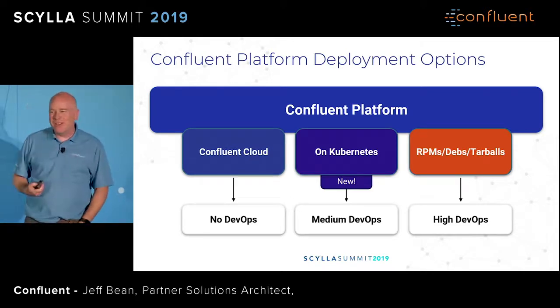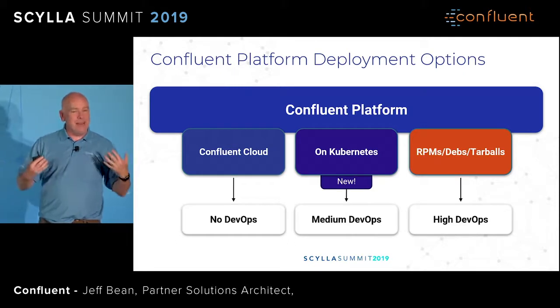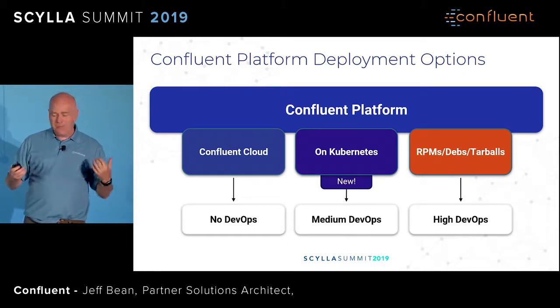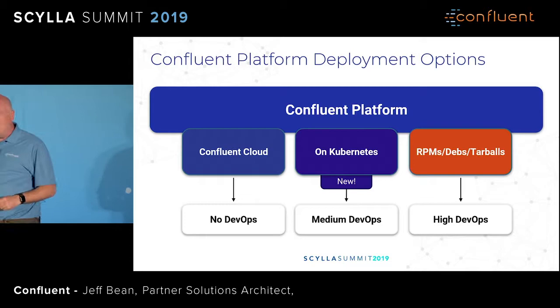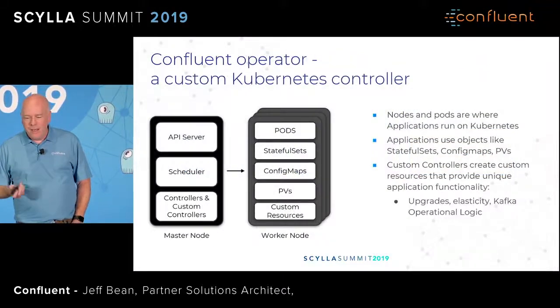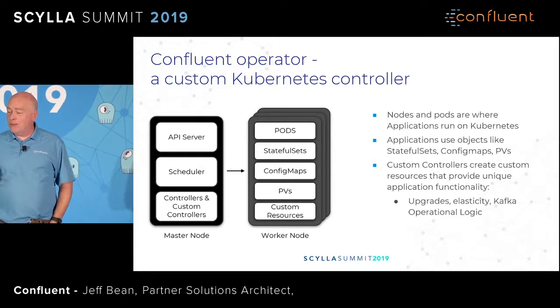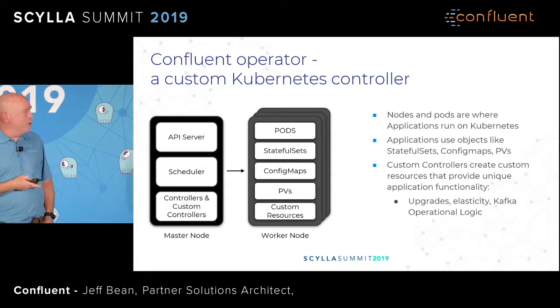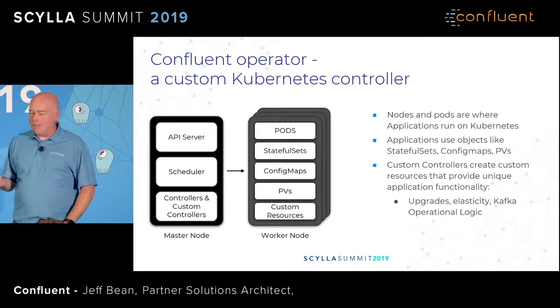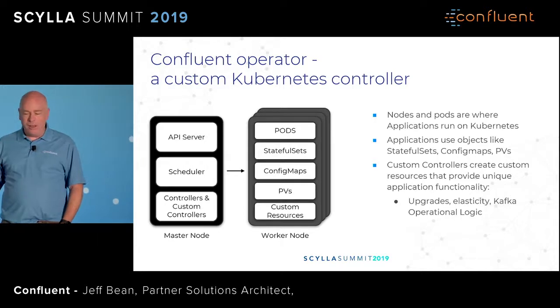Medium DevOps with Kubernetes, which is where I have a standard deployment environment that I can sort of maintain and manage across my own infrastructure. This is the Confluent operator, and that was made available last quarter. This is really straightforward. It maps Kafka terms into Kubernetes environments. So I think in terms of nodes and pods and stateful sets, config maps, custom resources, and so on.